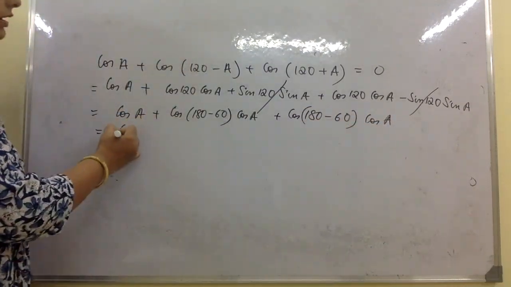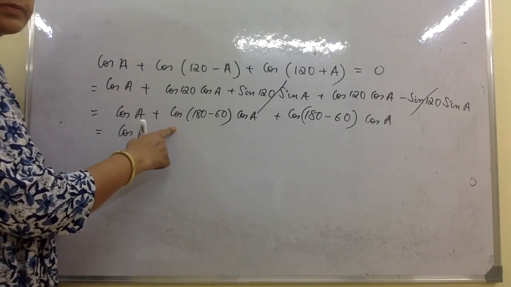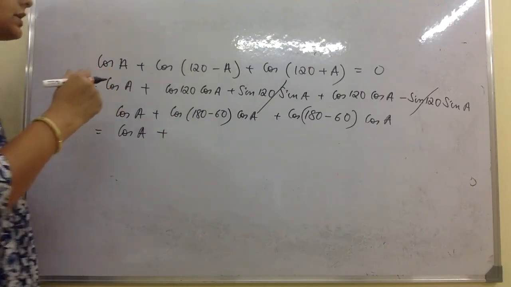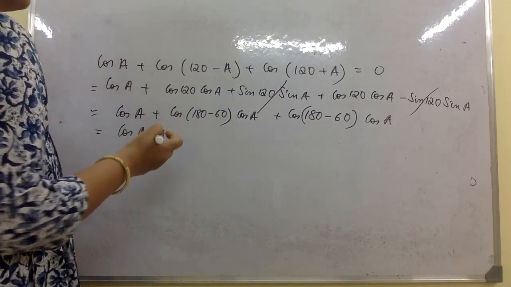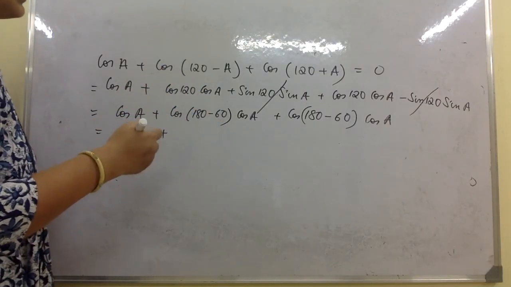That is equal to cos A plus, this is how much? Cos 60 is how much? Because cos 180 minus 60 is a minus cos 60.